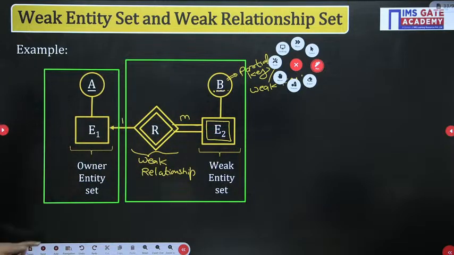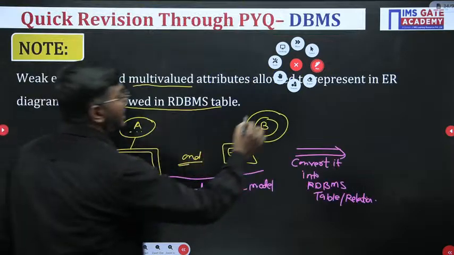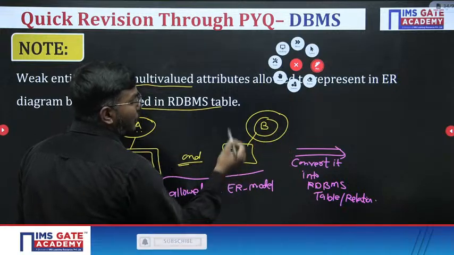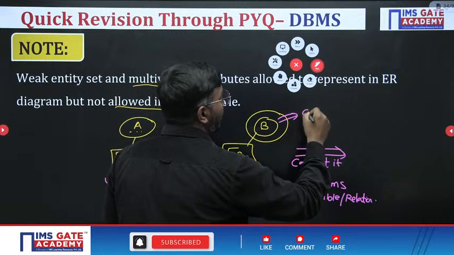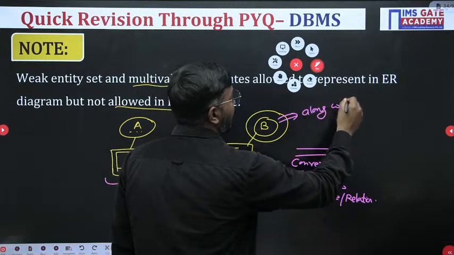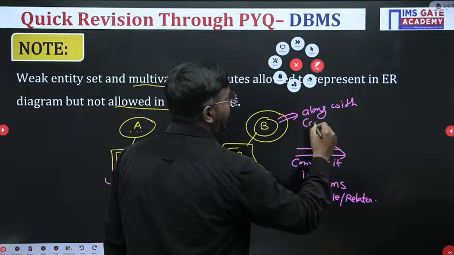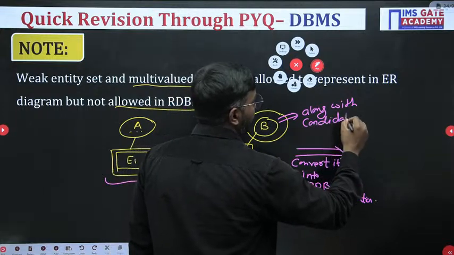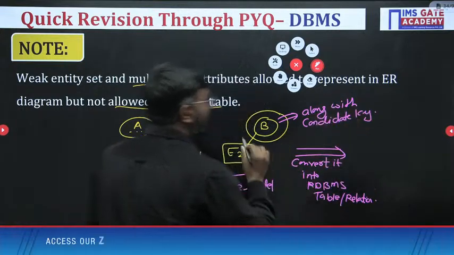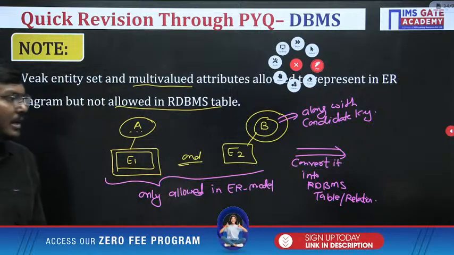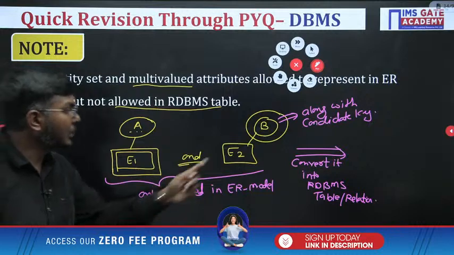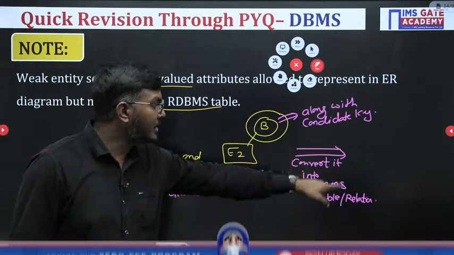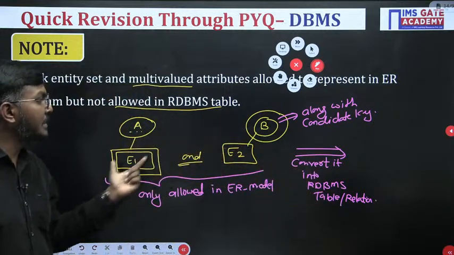Understood? And the second is here we need to resolve this multi-valued attribute. Fine. So again, how to resolve this problem? Simply merge this attribute along with the key attributes, or we can say along with the candidate key. It will become a single valued attribute. Fine. Done? So whenever you are converting the ER model into the RDBMS, while conversion these 2 must be removed from the ER model.